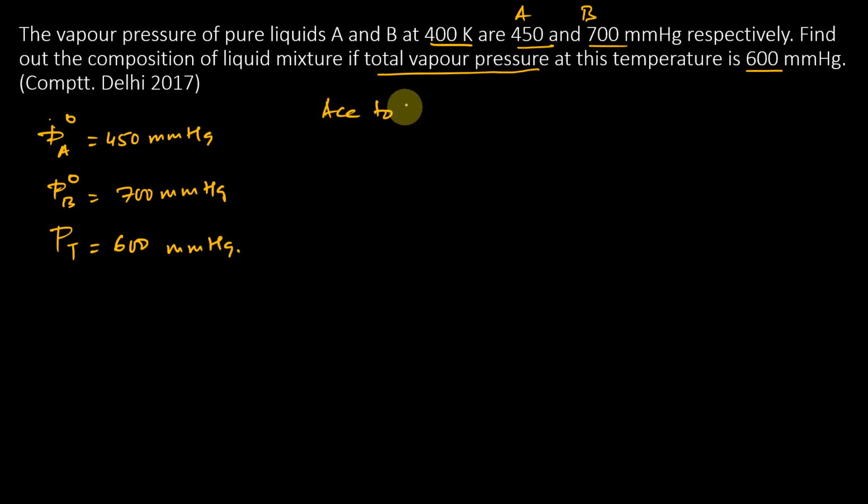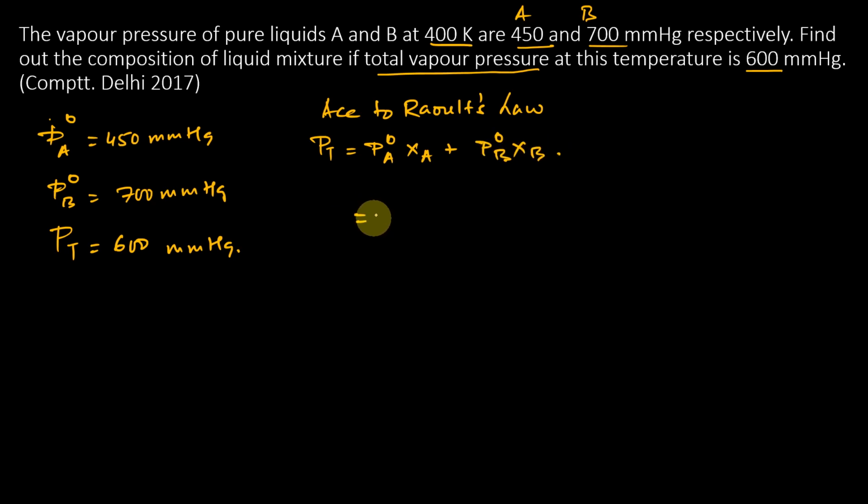According to Raoult's law, this time I am applying Raoult's law for volatile liquids. Both are a liquid mixture. So it will become PT is equal to P naught A XA plus P naught B XB.